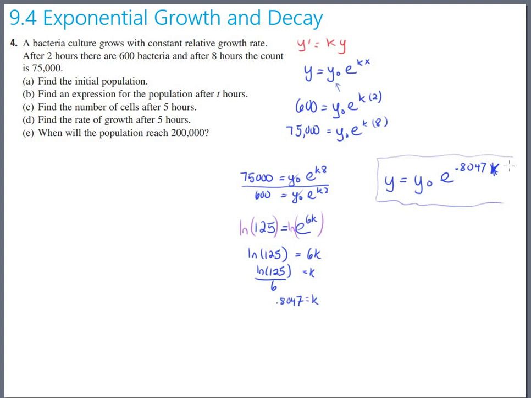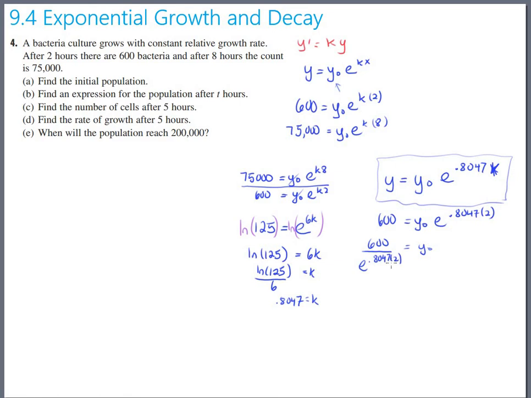So this is what we know so far. Okay, so filled in the 2. So the initial amount is 600 divided by e to the 0.8047 times 2.